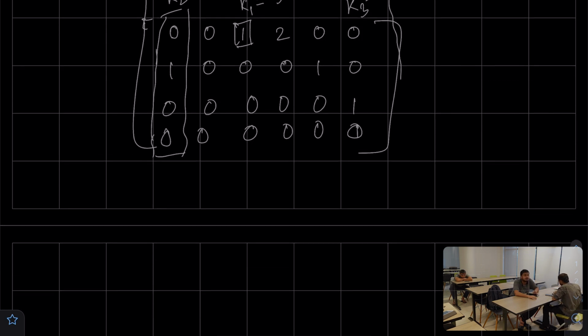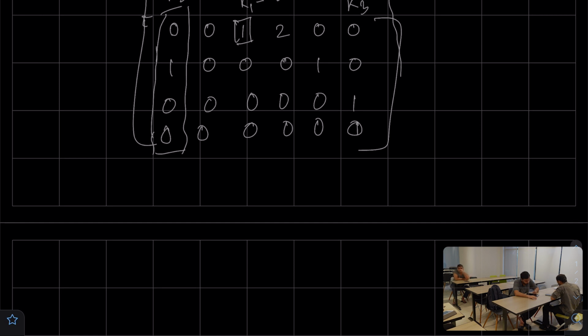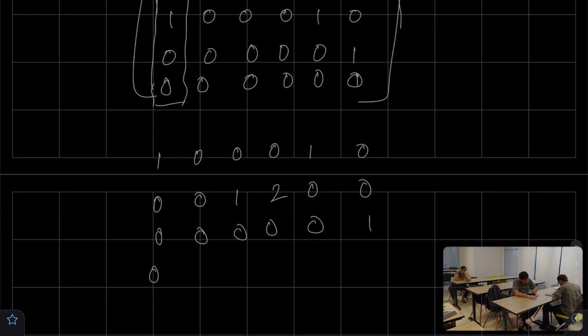So what I can do is, if I write this matrix as 1, 0, 0, 0, 1, 0, then 0, 0, 1, 2, 0, 0, then 0, 0, 0, 0, 0, 1, 0, 0, 0.